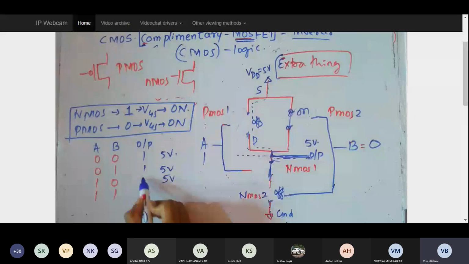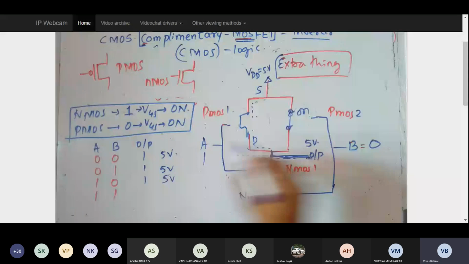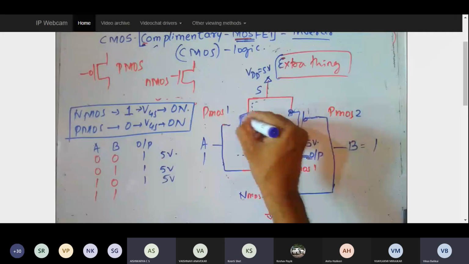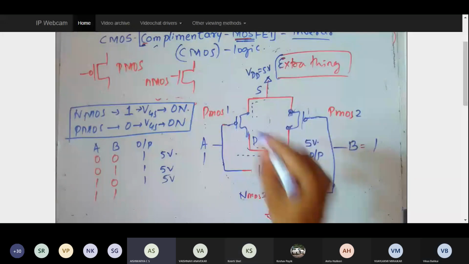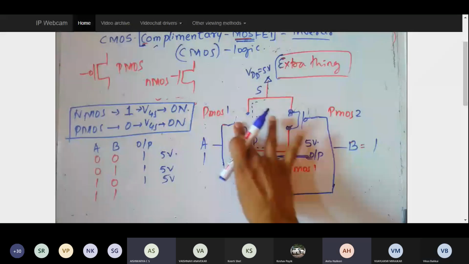Now the last combination. When I give input to both A and B as 1 1, tell me what is going to happen for my PMOS and NMOS. PMOS 1, what is the status? Off. No connection. PMOS 2, what is the status? Off.